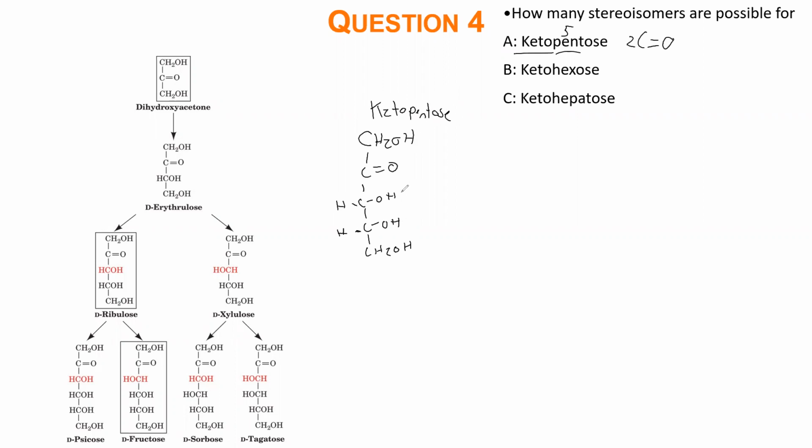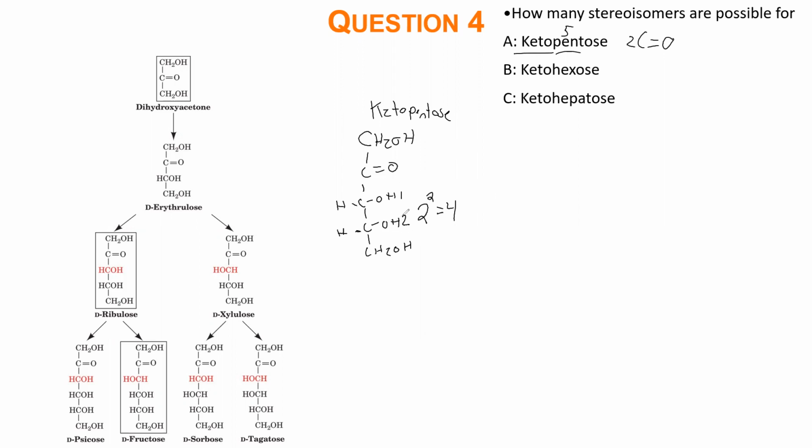Positions 1, 2, and 5 are not chiral, so we have 2 chiral carbons. To find the number of stereoisomers, it's 2 raised to the power of the number of chiral carbons. So there are 4 different ketopentoses I could draw.